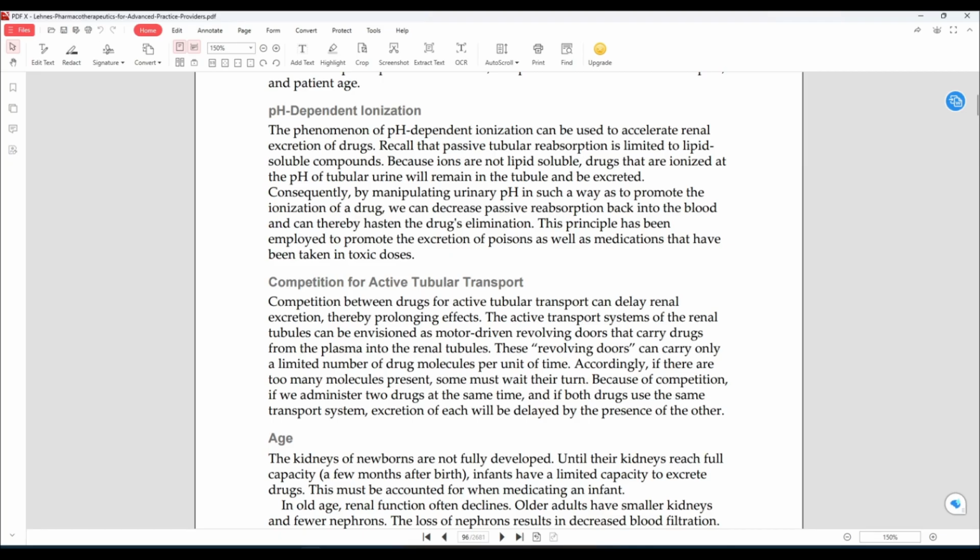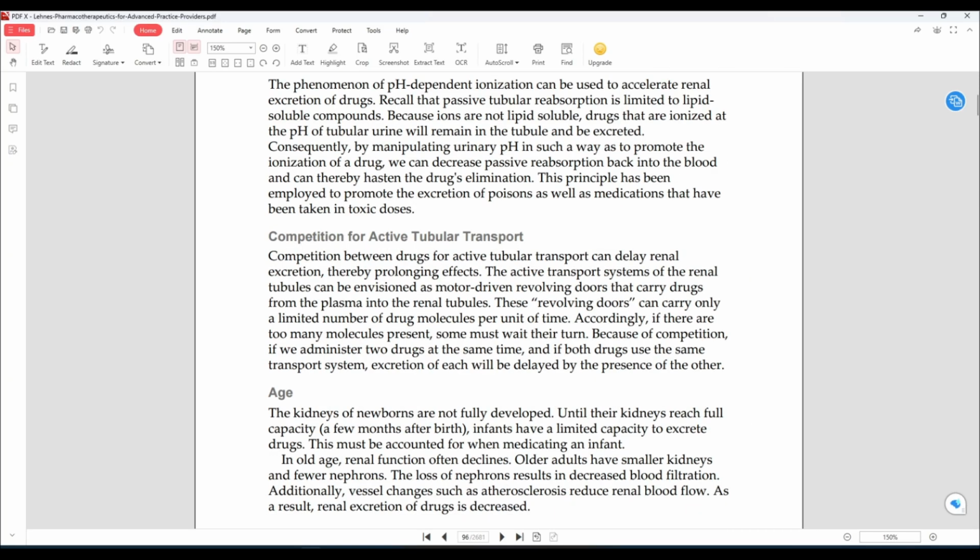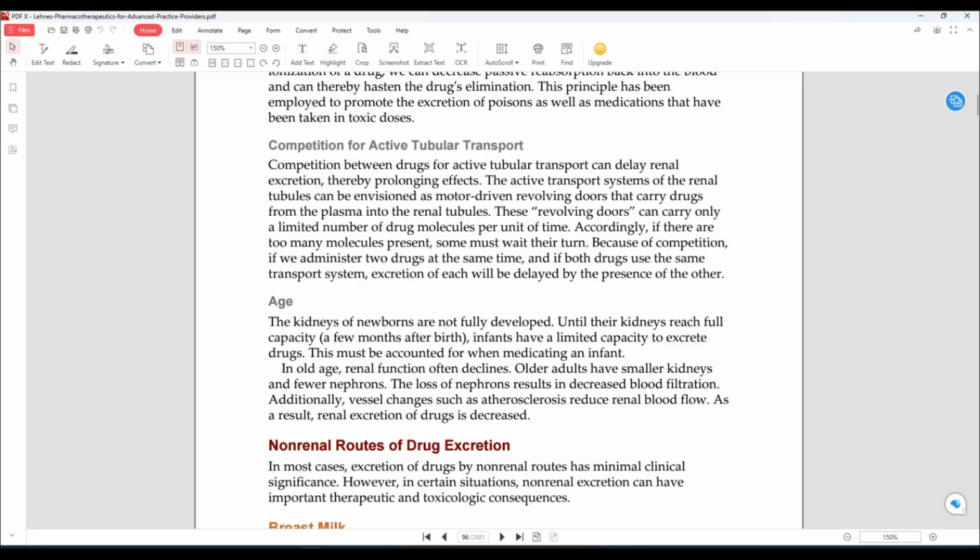Consequently, by manipulating urinary pH in such a way as to promote the ionization of a drug, we can decrease passive reabsorption back into the blood and can thereby hasten the drug's elimination. This principle has been employed to promote the excretion of poisons, as well as medications that have been taken in toxic doses.